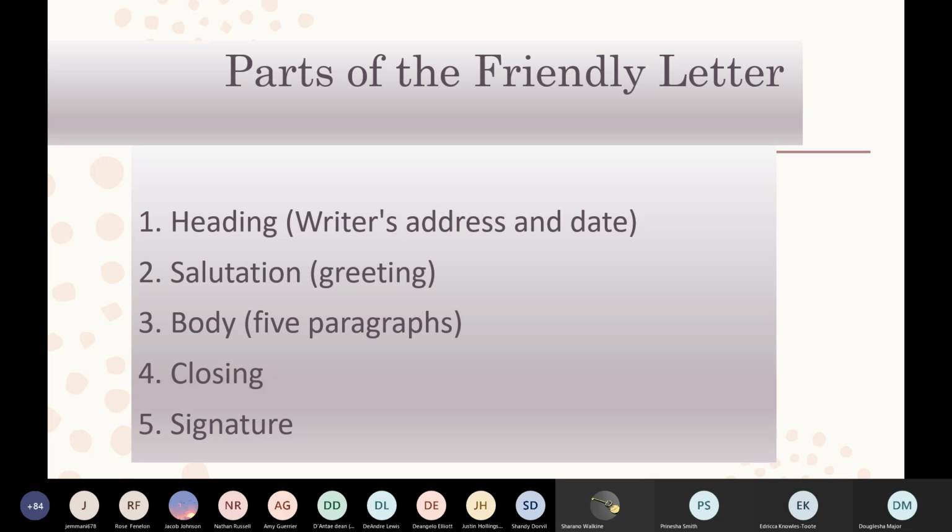Okay, Alicia's saying that we started with the PO box, and she gives an example there, N12444. Very good. And of course, under that, you would put Nassau, Bahamas, and then you'd skip a line and put your date.